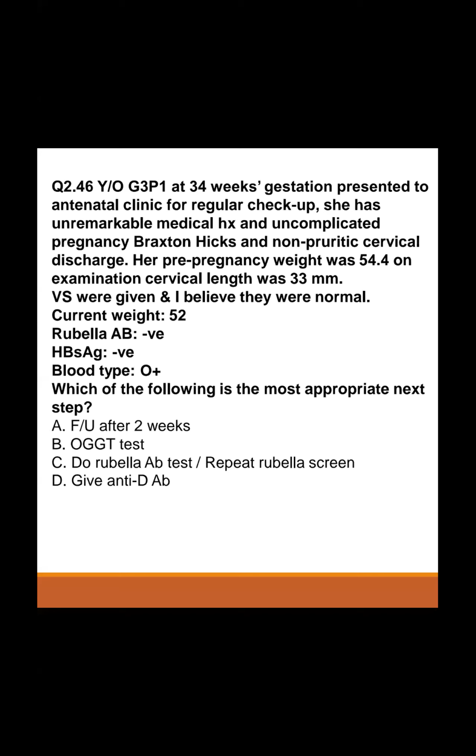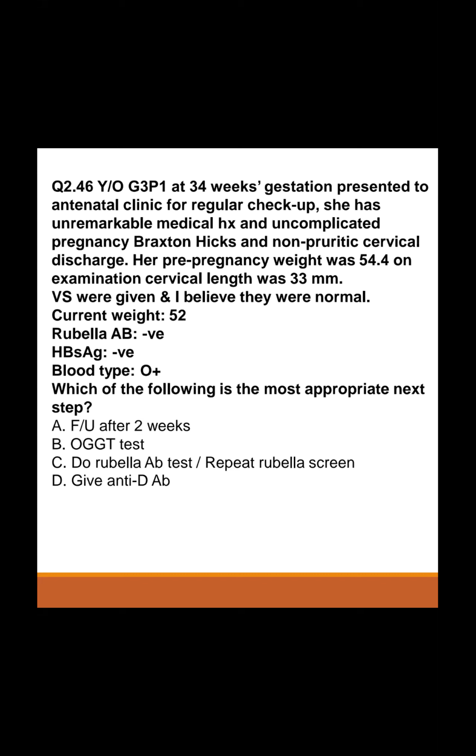Ma'am, the patient is at 34 weeks of gestation and presents for an antenatal checkup. Her previous history is unremarkable. Braxton Hicks and non-pruritic cervical discharge. Her pre-pregnancy weight was 54. On examination, cervical length was 33. So, ma'am, it may be option A. Yeah, excellent.